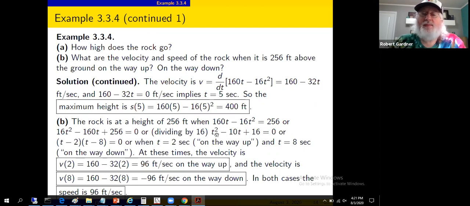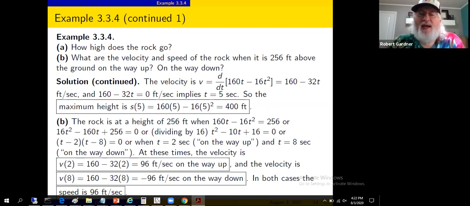And this you should be able to factor. That's t minus 2 times t minus 8, set equal to 0. So we get t equals 2 seconds and t equals 8 seconds from those two factors. That makes sense. At 2 seconds, it must have been going up, and at 8 seconds, it was coming back down.